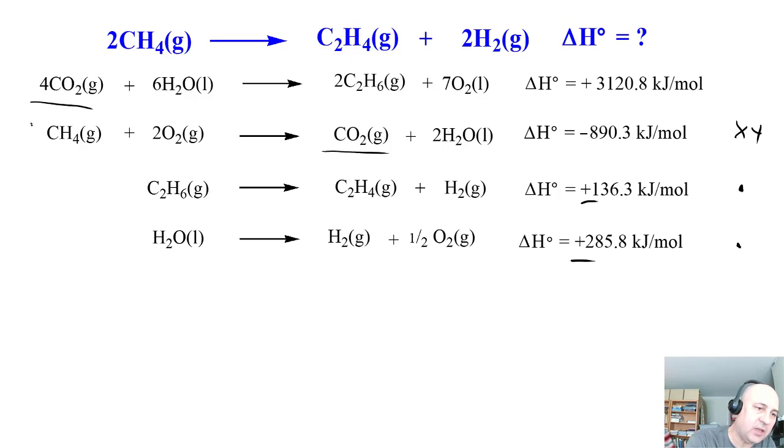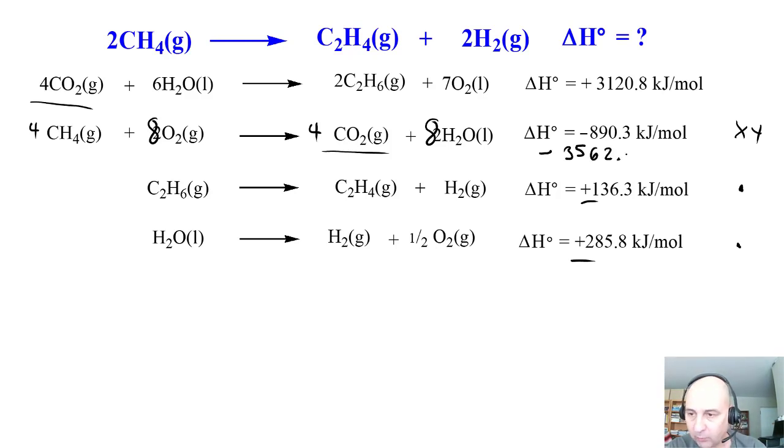And so that means we get 4 methane molecules and 2 times 4, so that makes it 8 oxygens, 4 carbon dioxide, and 2 times 4, again 8 water molecules. But we also have to multiply the delta H here by 4, so that's going to be negative 3,562.2 kilojoules per mole.